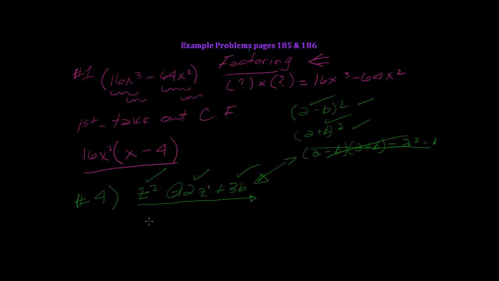Okay? So this is a minus something and a minus something, because in this last term, if we multiply these two, a negative times a negative always equals a positive, and then this sum we have to figure out to be a negative here.